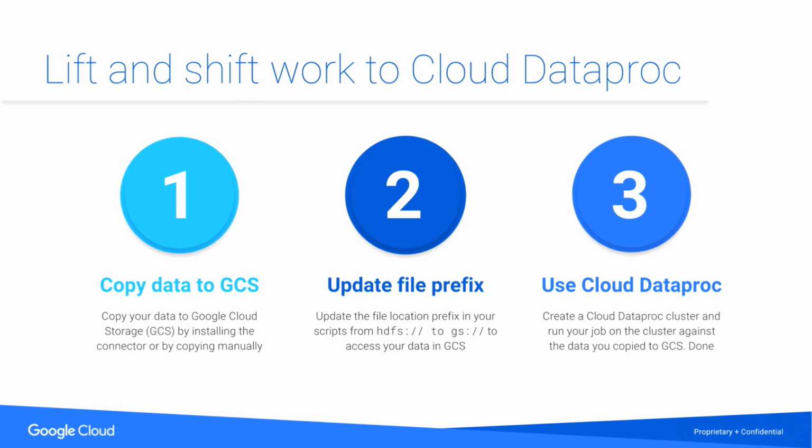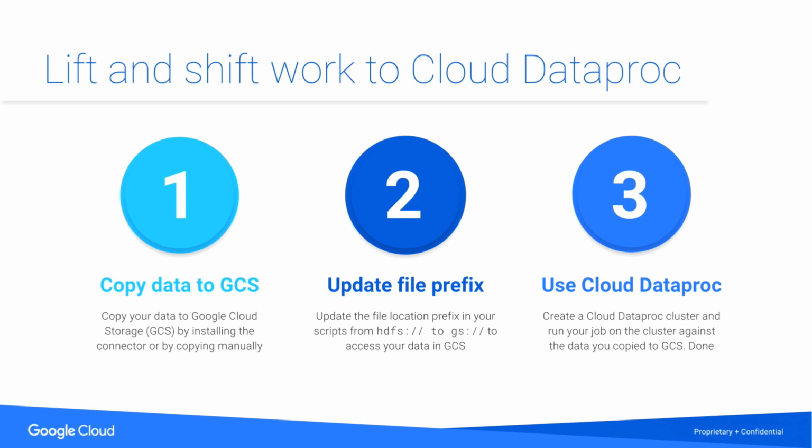There are multiple ways of migrating to Cloud Dataproc. I would start with a very simple way of migrating your existing Hadoop implementation or your existing Hadoop clusters to Cloud Dataproc. You just need to make sure that your data lake or your data is present in Google Cloud Storage, and you just need to change your file prefix.